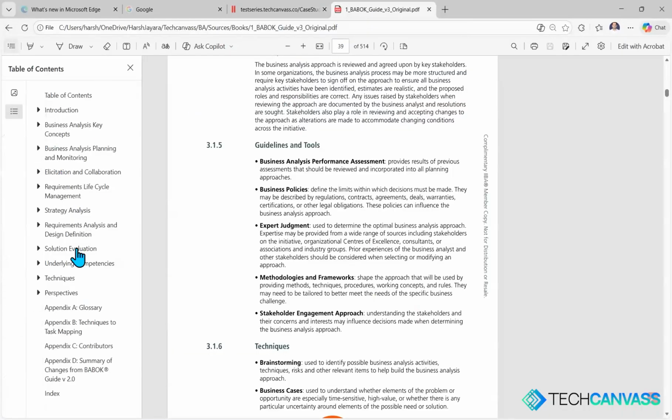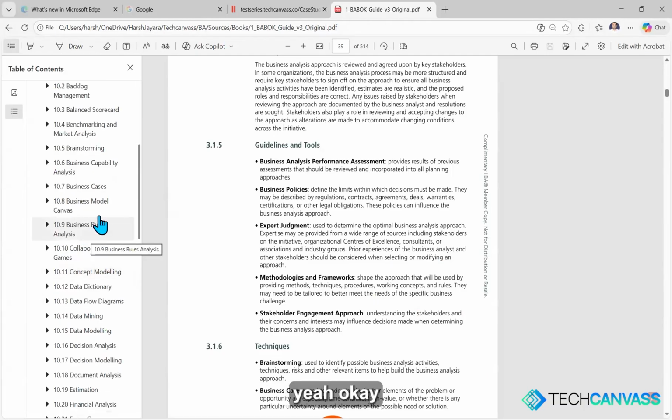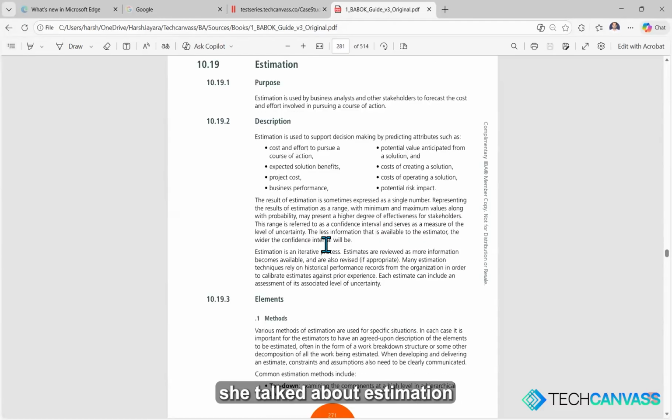Okay, Ramila's point. I will pick. So what was that? Estimation, right? Yeah, she chose estimation. Look at this. It's technique number 10.19.